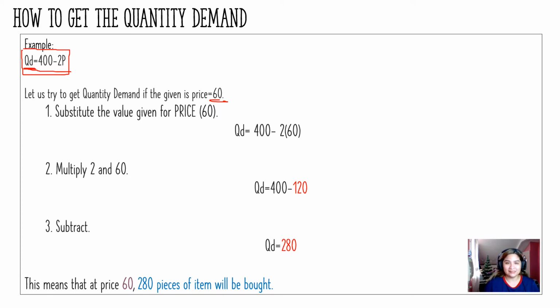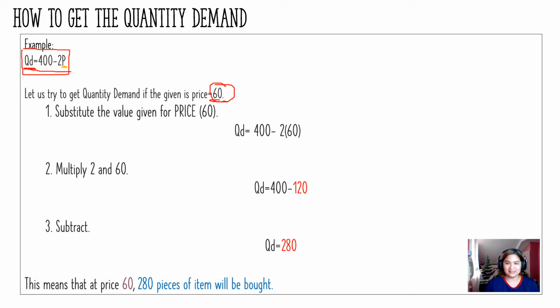And then in this problem, the price is already given, which is 60. So we are going to substitute this value of 60 to letter P. You will write it as QD equals 400 minus 2 times 60.